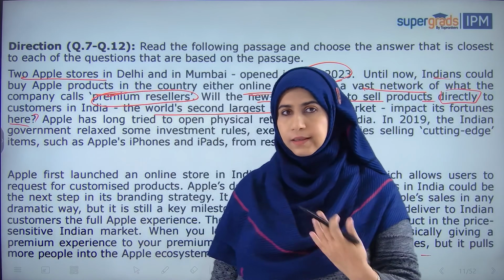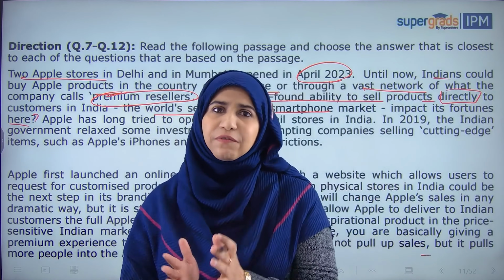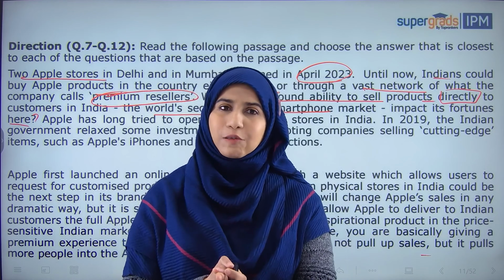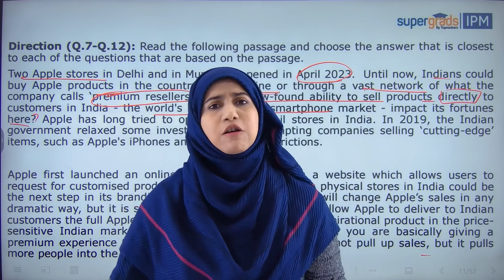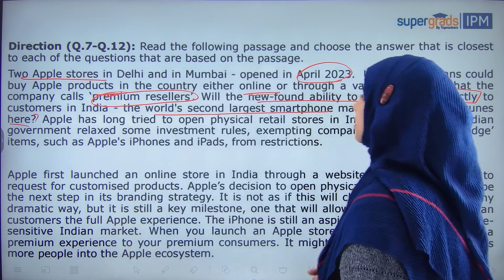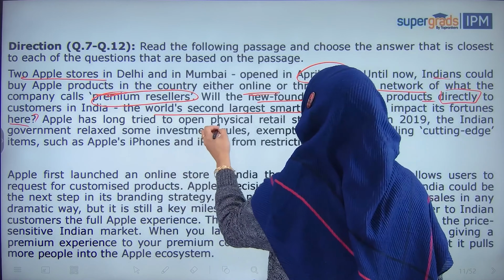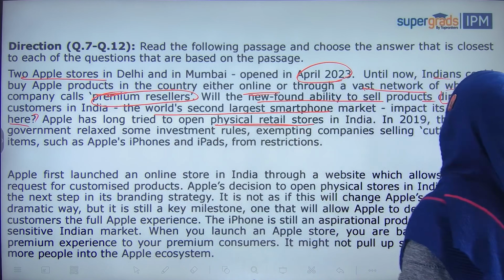यहाँ पे ऑथर ने assertively नहीं बोला, बट बोला है कि इस फैसिलिटी से ये जो नया एक फीचर आ गया है, that Apple can actually sell its products directly to its customers, will it anyhow impact its fortunes, its revenue, its sales? Apple has long tried to open physical retail stores in India.